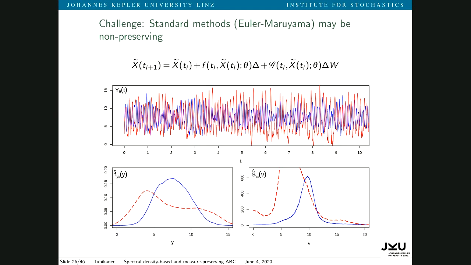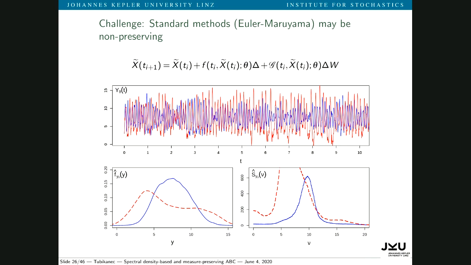I'd like to illustrate this here, where you have a blue path, which is how the path should look, and a red one produced with Euler-Maruyama, which is of larger second moment. When this is the case, the invariant density and spectral density are not preserved, and the algorithm cannot yield successful inference. And this issue I'd like to illustrate in the following.